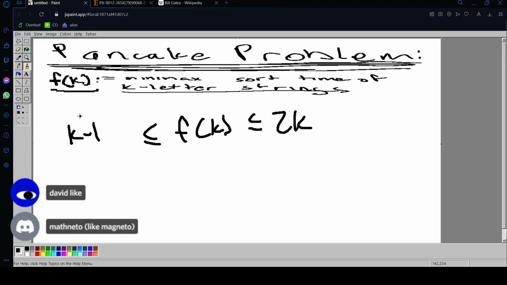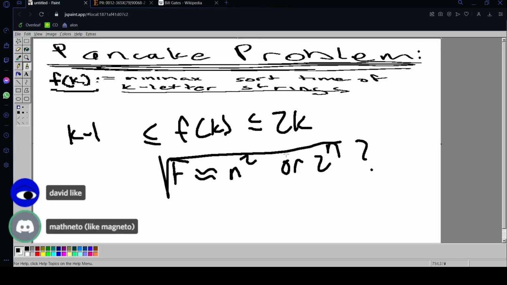A lot of times in mathematics it's about getting asymptotics, like asking whether some function f looks kind of like n squared or 2 to the n, questions where we have no clue what it is, or getting from n squared to maybe n to the 0.999, and then people go crazy because you've broken the barrier.